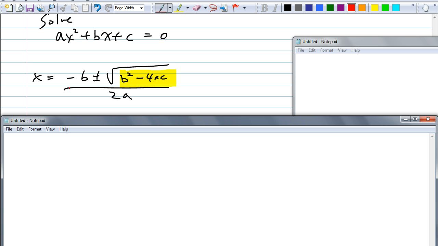If b squared minus 4ac is positive, then you get two solutions. When do we get no solution? When the b squared minus 4ac is negative. When do we get one solution? When b squared minus 4ac goes to 0. Do you guys understand?